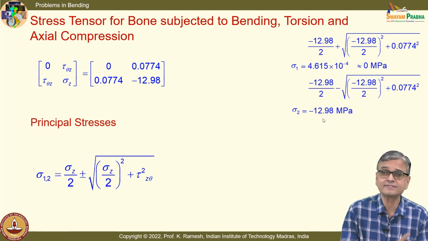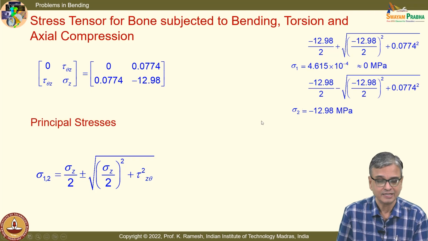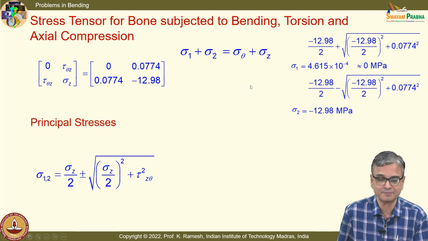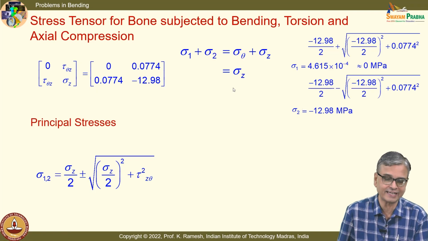But I have always said, when you calculate the principal stresses, do not stop there. You must also verify whether it satisfies the first invariant. First invariant is sigma 1 plus sigma 2, which should be equal to sigma theta plus sigma z. In this case, because the torsional effects are so small, it is not influencing anything.